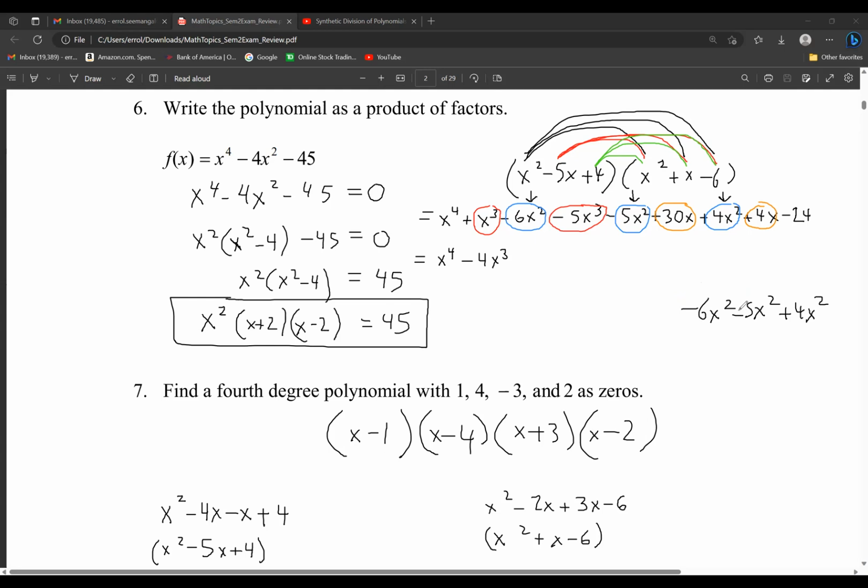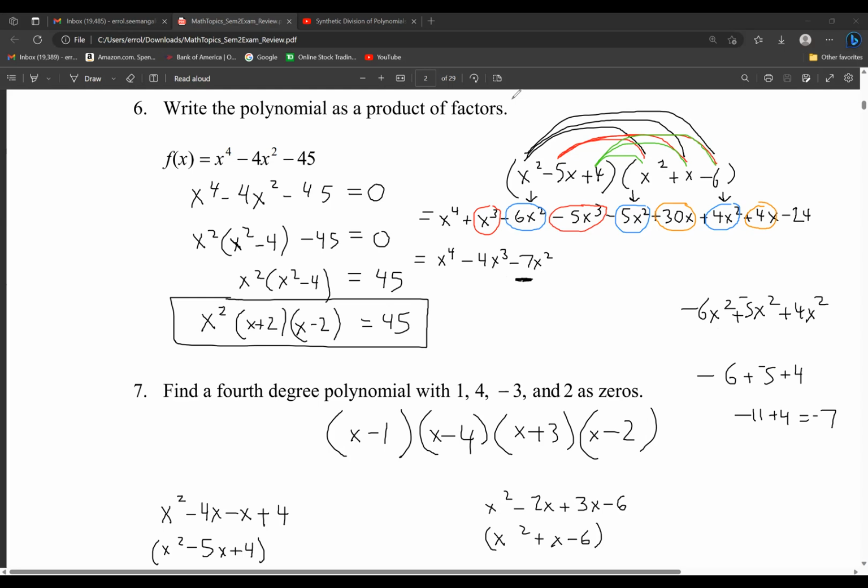This will be plus negative, so that'll be negative 11 plus 4, which will be negative 7. Negative 7x^2. Right? Negative 6 plus negative 5 is negative 11, plus 4 is negative 7. So that's how we're getting this negative 7 right here.